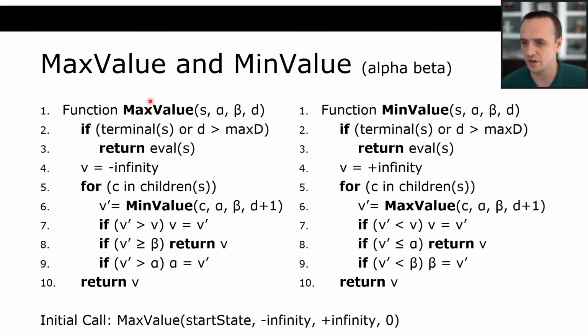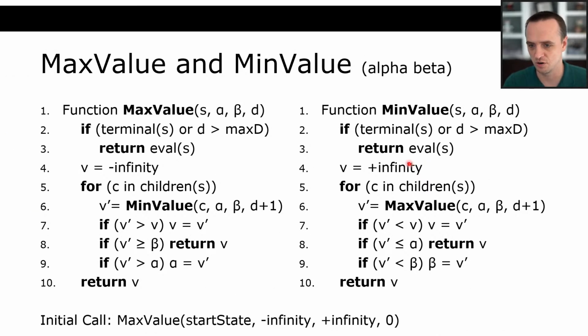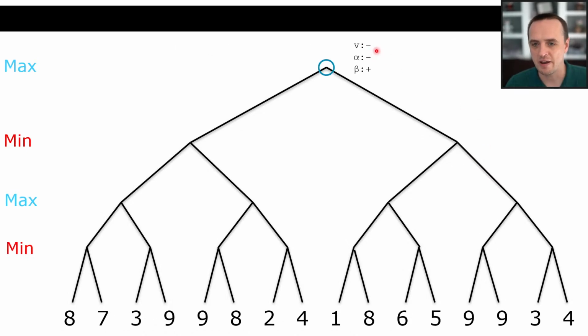Because max value just says, if it's not a terminal node, go down and switch from max to min. Then min will say, if it's not a terminal node, go down and switch from min to max. So I don't really do much until I get to an evaluation node. However, let's just do this. If you see a negative here, it means -infinity. So here, my v is -infinity.